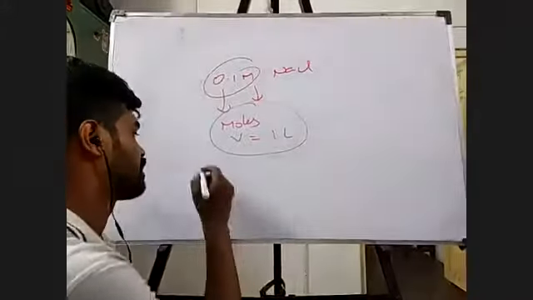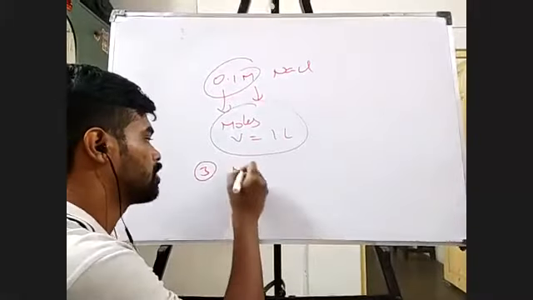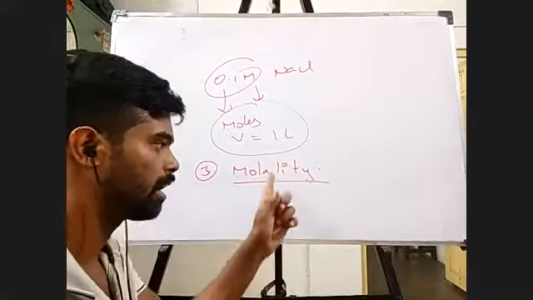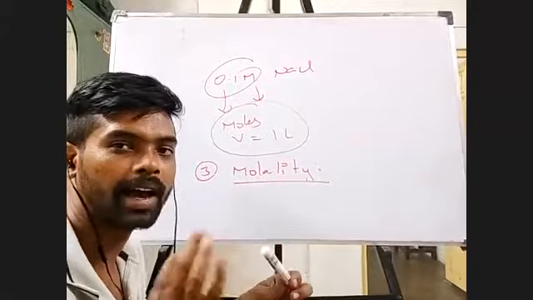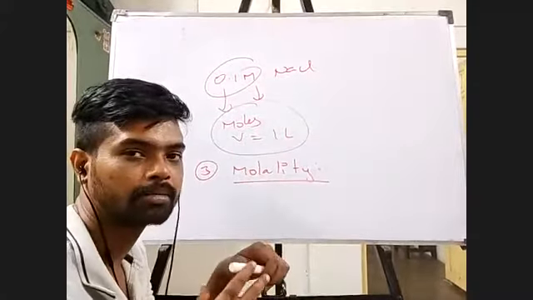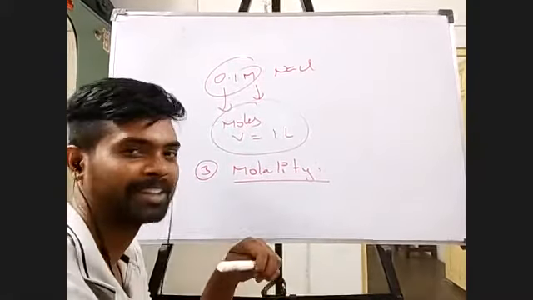Now we'll move on to the next concentration term. The third one is what is called molality. There's only an L different. There it is molarity, R for rat, and here it is L for love. Don't smile, guys. Love can be anything.